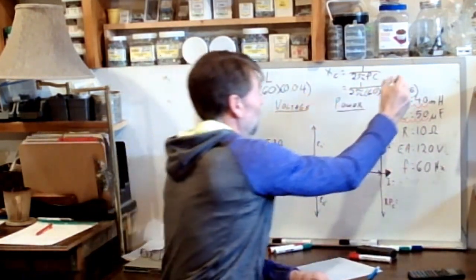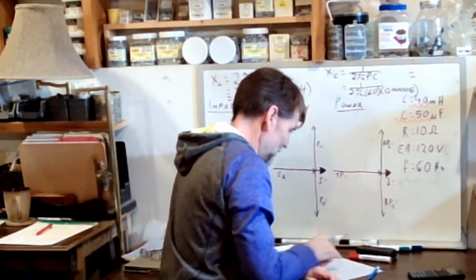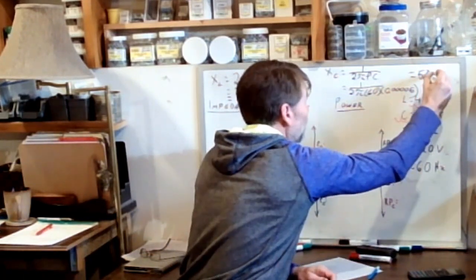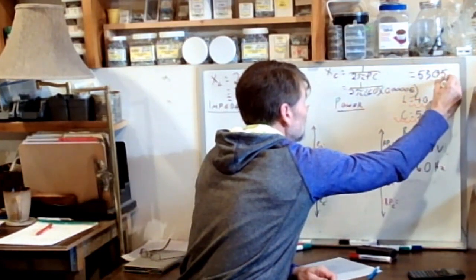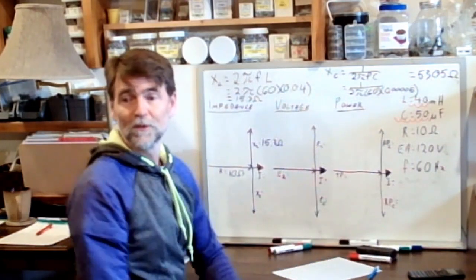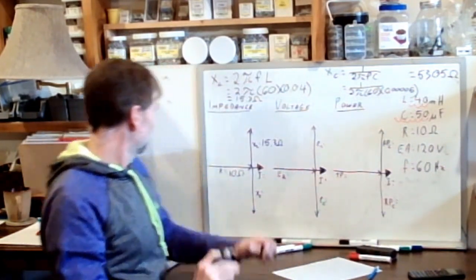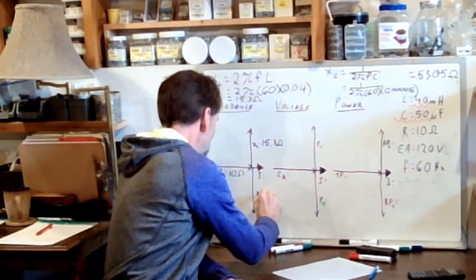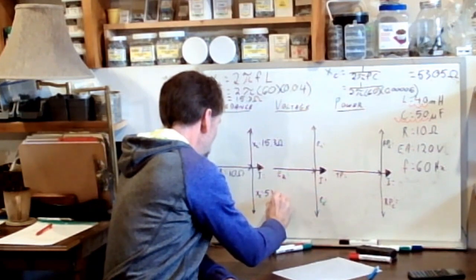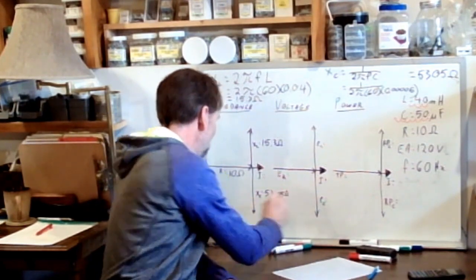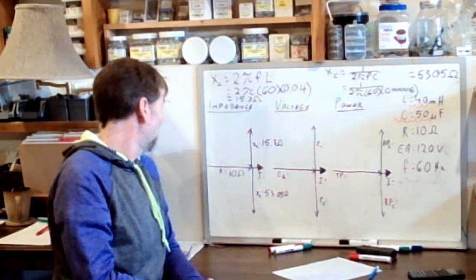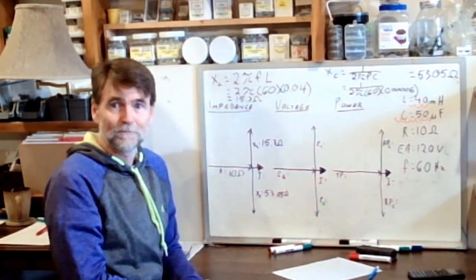And again, I've done the work ahead of time, calculated this out, and the answer is 53.05 ohms. So that goes down here in XC. 53.05 ohms.